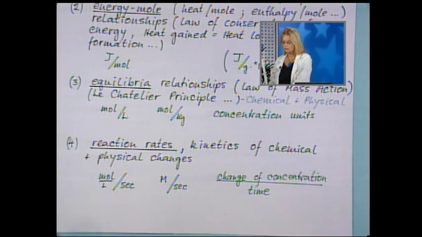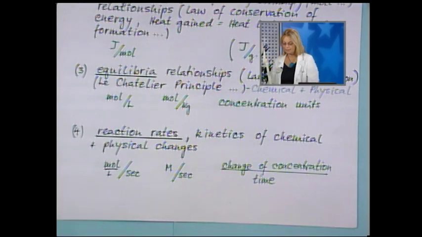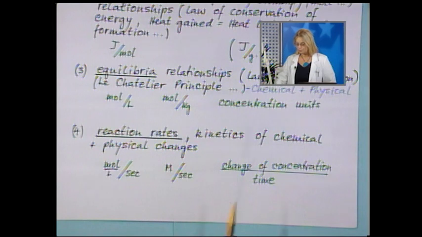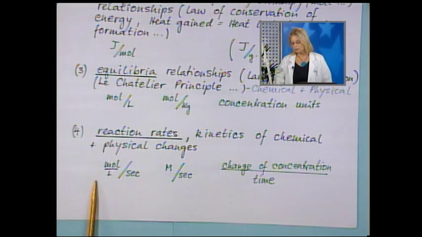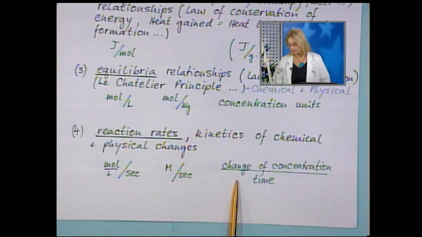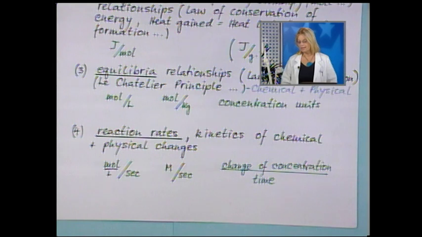Then we can also use it to study reaction rates, kinetics of chemical and physical changes, phase changes, and regular chemical equations, which will deal with change in molarity per second, change of concentration with time, etc. So you see, a balanced equation can help us do many, many important calculations.